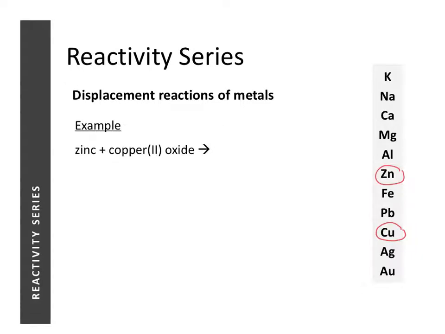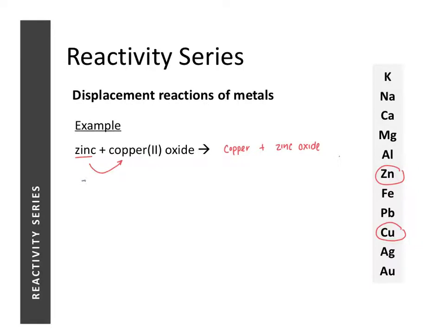So when we put zinc into copper 2 oxide, what is going to happen is that zinc, being the more reactive metal, will push out copper from its oxide, and then it's going to take the place of copper in the oxide.